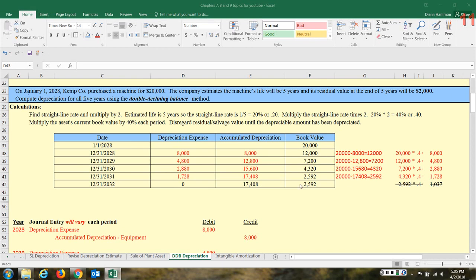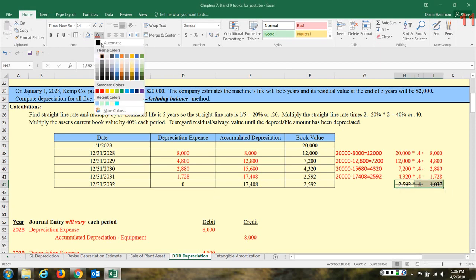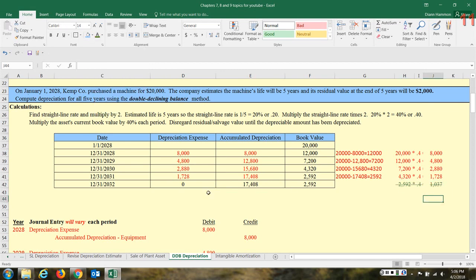So if we took that $2,592 and multiplied that times 40%, over on the right hand side you see we're going to be short, because if I did record depreciation expense at $1,037, that's going to make my accumulated depreciation $18,445. That means now I'm carrying a book value of $1,555. Well below the $2,000 mark.